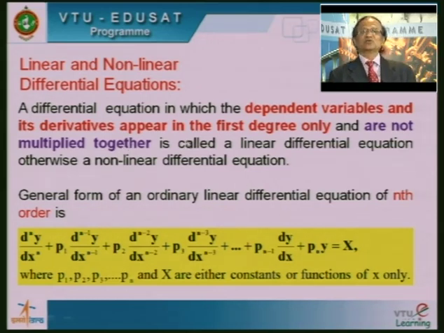Here I am not going to discuss all those methods. If you are interested, you can go through them, because according to our curriculum, one method is enough to solve a linear differential equation with variable coefficients.